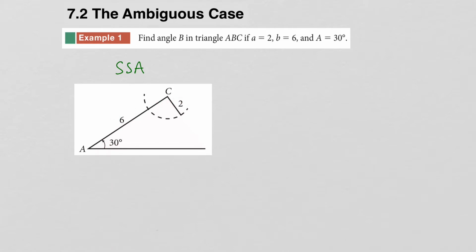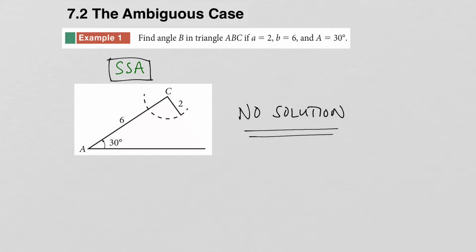So it's a side-side angle. The side-side angle situation is the ambiguous case, all right? So one possible scenario for the ambiguous case is that you get no solution, right? No such triangle.